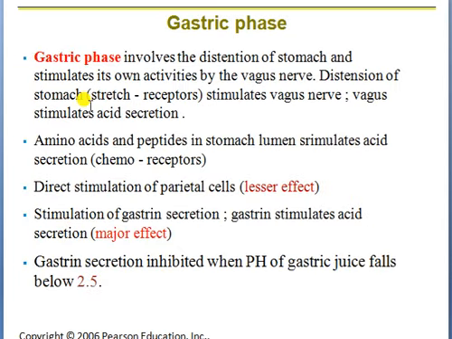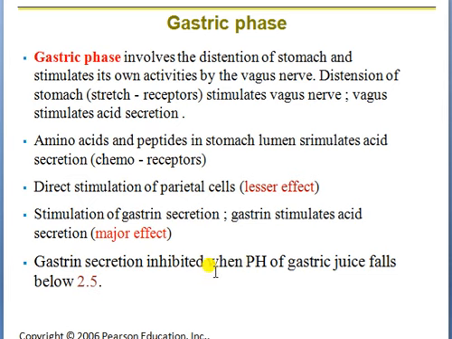Then in the gastric phase, there is distension of the stomach, meaning enlargement of the stomach. When the food material enters the stomach, automatically the vagus nerve is stimulated, the vagus nerve stimulates the secretions, then automatically the gastric juice is formed, and whatever we discussed earlier about how it is digested, happens.